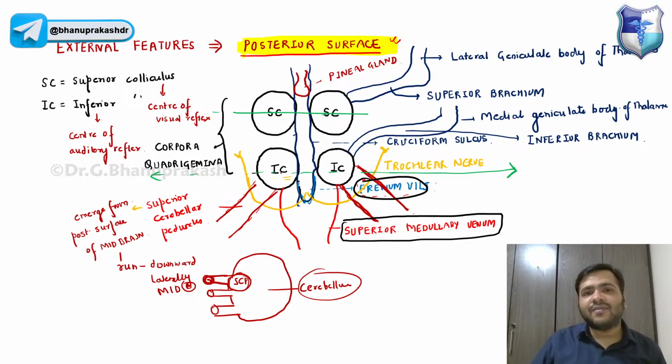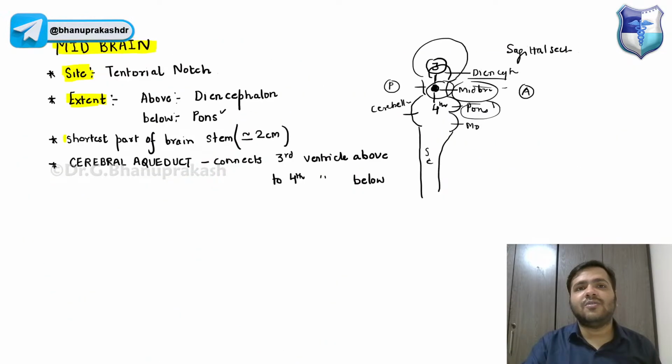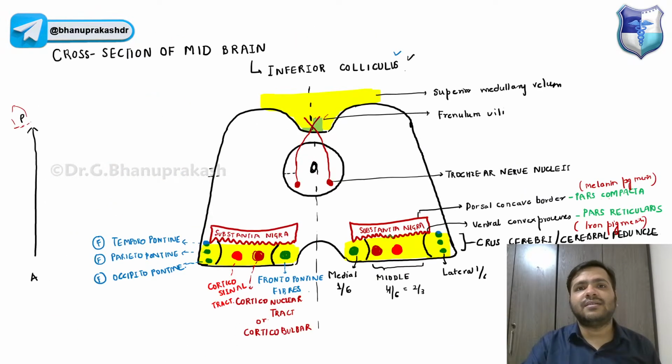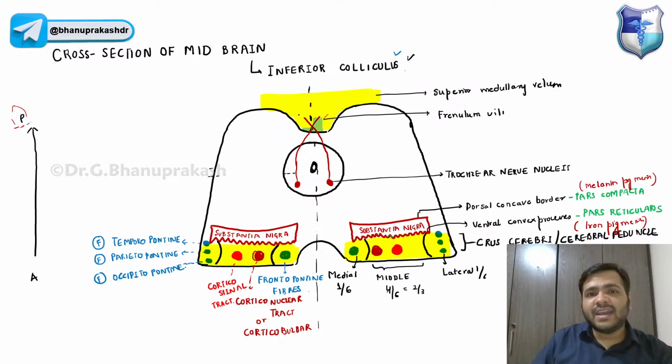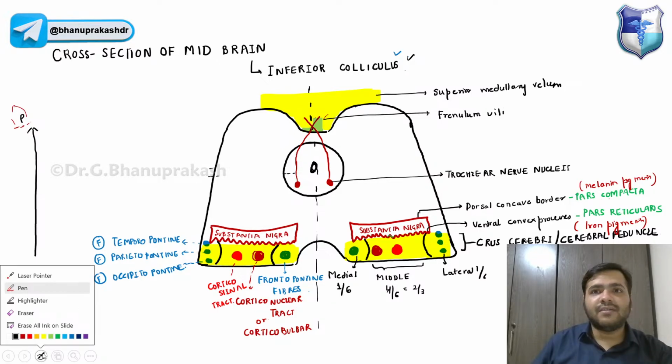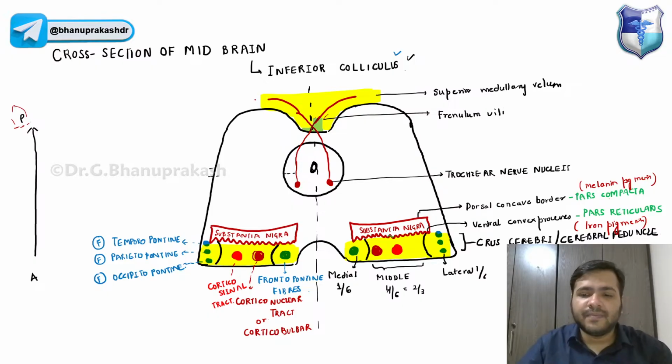Can you see, we are seeing the transverse section at the level of the inferior colliculus. Obviously, this yellow colored nerve over here is the trochlear nerve. Now, this trochlear nerve will be decussating, interchanging its path at, you already know, the superior medullary velum, and will be running to the opposite side, guys.